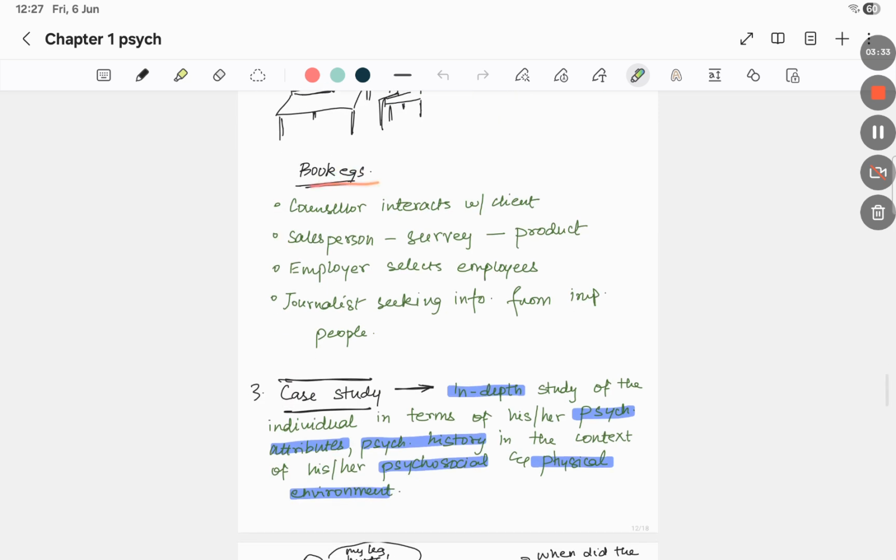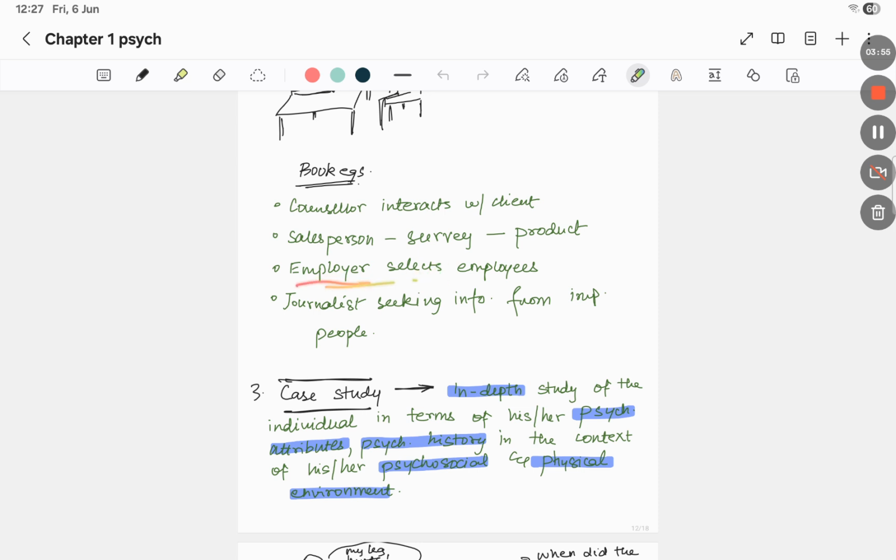So the examples that are given in the book regarding interview are when, let's assume, a counselor interacts with a client. So it's a one-on-one basis. Then a salesperson surveys how you feel about a product, and based on that the company decides whether they should continue with the product, whether they should make any modifications or not.